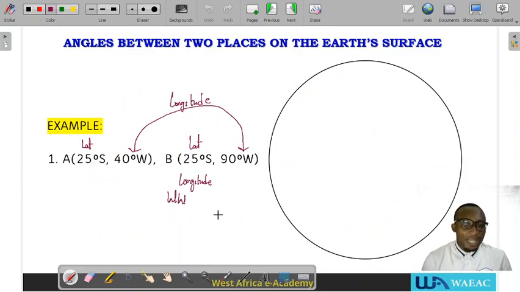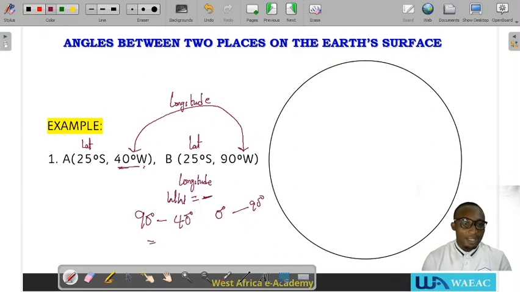Their total journey is from 0 degrees to 90 degrees based on this question. If this part has moved us to 40, why do we need to go back and start again? We'll just continue from this 40 to 90. So we are going to subtract. In this question, we need to do 90 degrees minus 40 degrees.